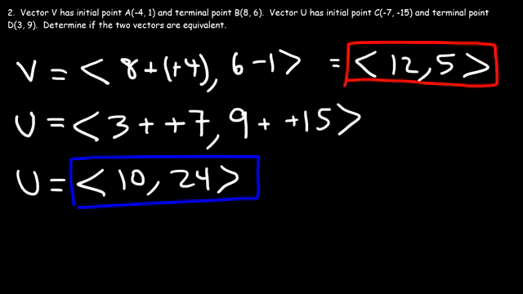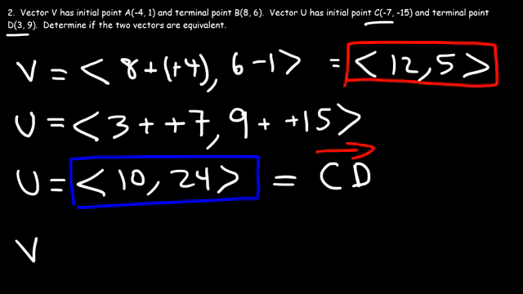Here is a question for you. What is another way in which we can describe vectors v and u based on the information that we were given? Another way in which we could describe it is using the initial and terminal points. Vector u has the initial point c and the terminal point d. Therefore, vector u can be called vector cd.